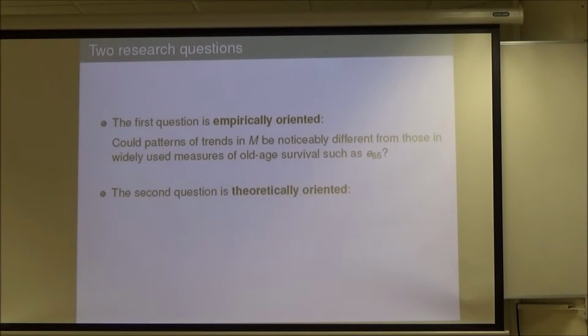Our second question is theoretically oriented. It is well known that some mathematical equations like the Gompertz, logistic, and Weibull models fit empirical variations of adult mortality quite well. These equations are often used in mortality studies, in aging research, in population projections, in simulation studies, and so on.